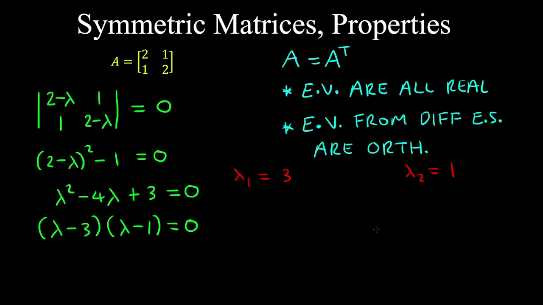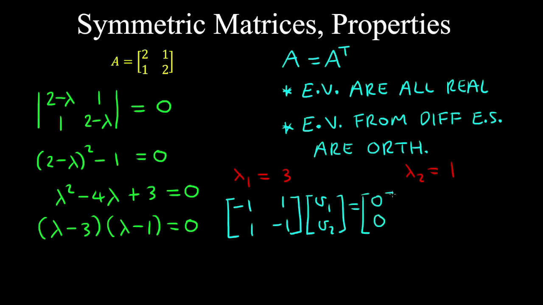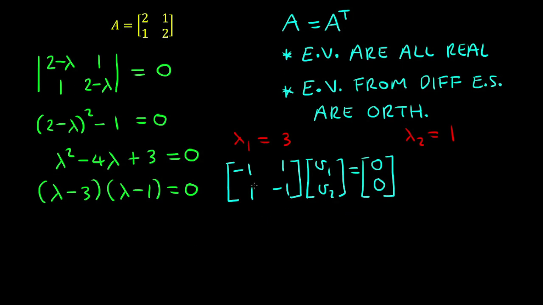And therefore for our first eigenvalue, we have our matrix A minus lambda I, as we've seen previously, has entries of 2 minus lambda on the diagonal and 1's off the diagonal, multiplied by the vector with entries v1 and v2 is equal to 0. We can solve this equation by adding row 1 to row 2.